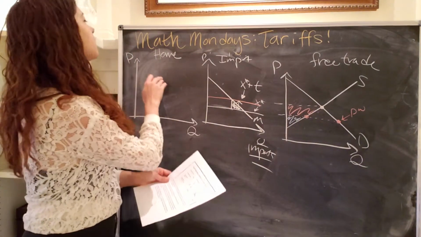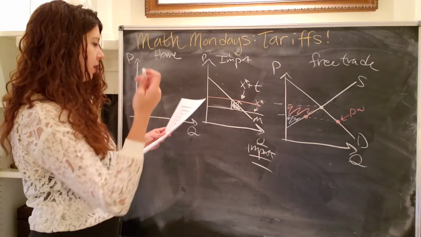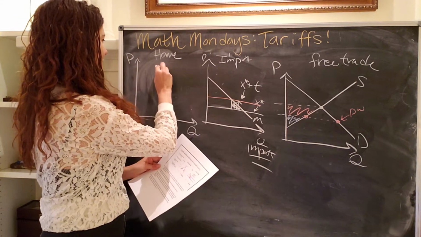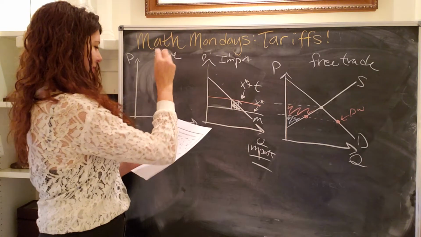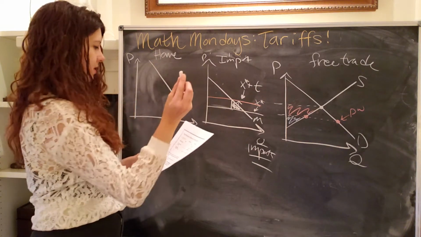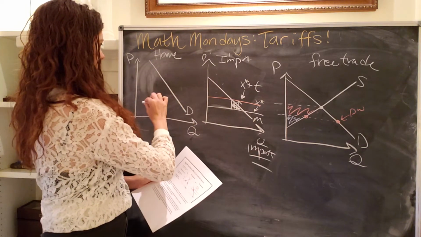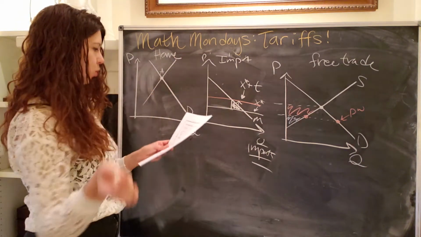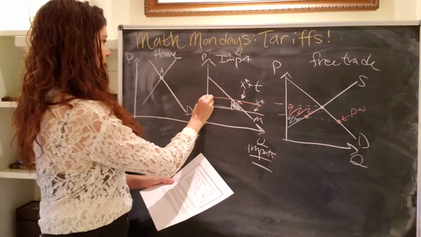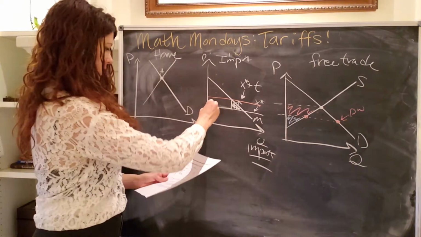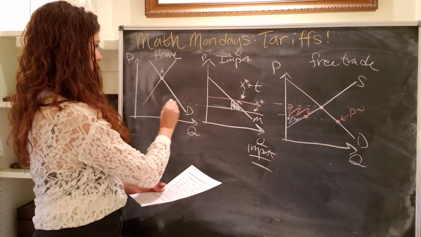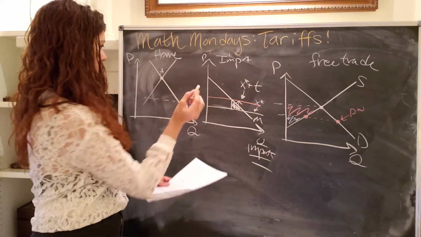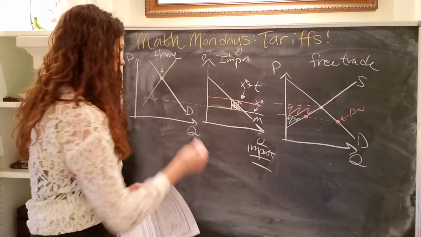So how does this affect the home market? Let's see if I can draw this as accurately as possible. So we have the demand curve and we have the supply curve and we have our equilibrium point A over here. And now I'm going to draw some lines. So this was the original price without the tariff.